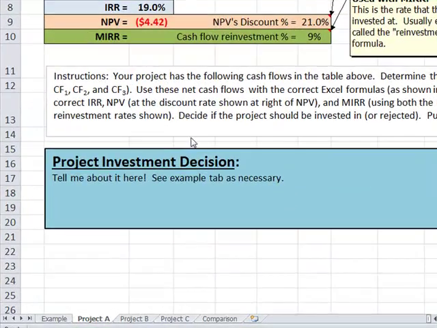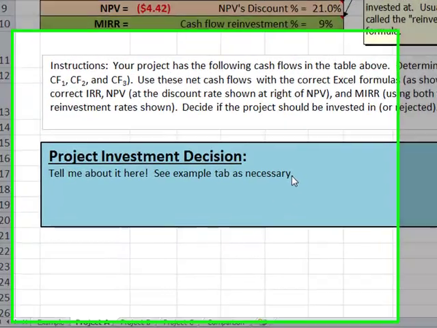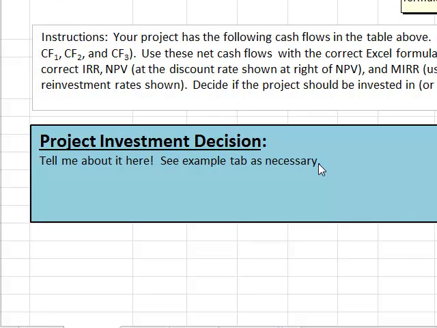Importantly, please be sure to tell me about the investment decision based upon the numbers. One of the most valuable things for you to be able to do is to communicate your findings. Not only do the numbers correctly, which is much easier for many students, but also to communicate it well, which is actually more difficult.